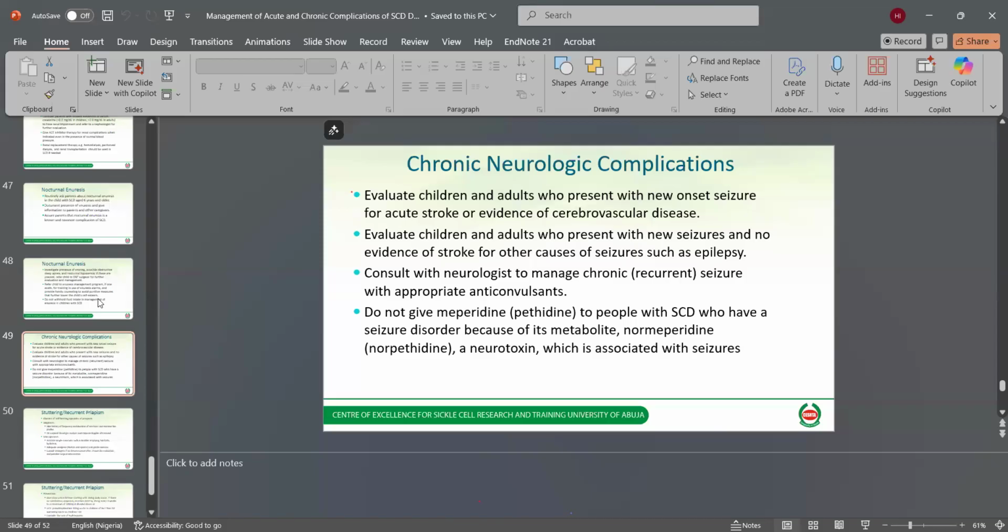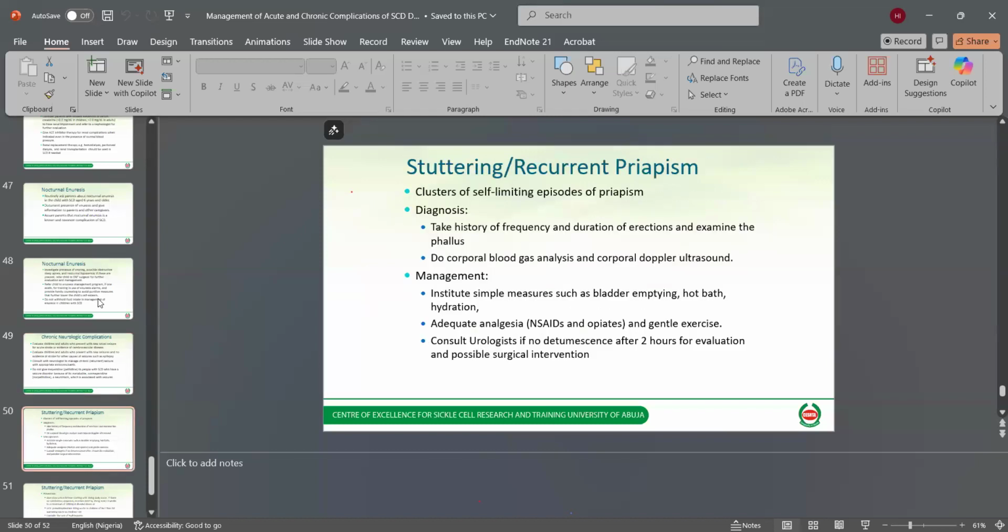Consult with neurologists to manage chronic recurrent seizures with appropriate anticonvulsants. Do not give meperidine or pethidine to people with sickle cell disease who have a seizure disorder, because its metabolite, normeperidine, is a neurotoxin which is associated with seizures. So it can worsen the seizures if given.